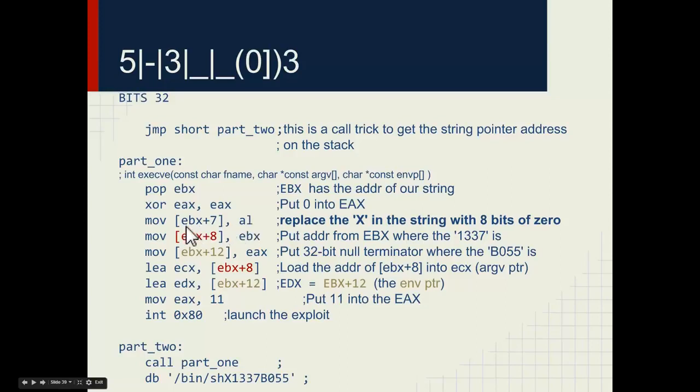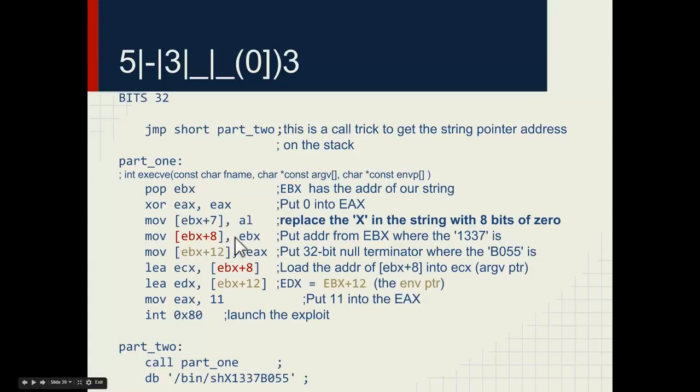If we move 1 byte, 8 bits, into EBX plus 7, so that's 1, 2, 3, 4, 5, 6, 7. So EBX would point here. If we replace X with 0, then we're great. So then this has now been null terminated by this operation.